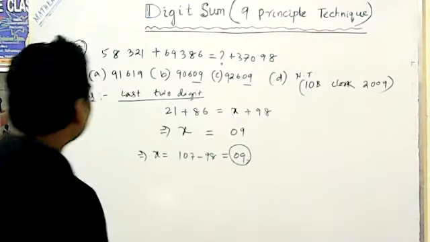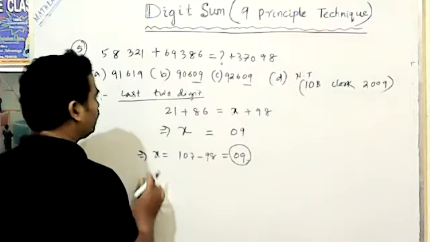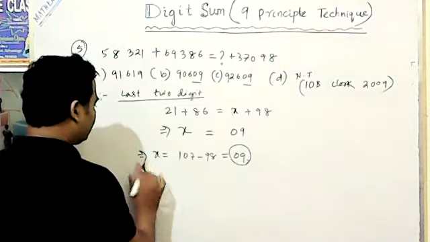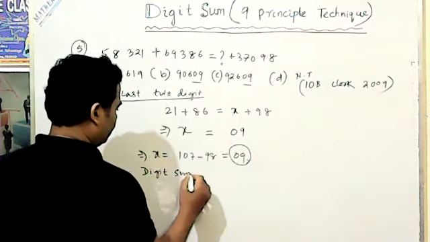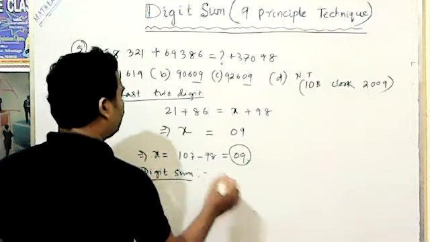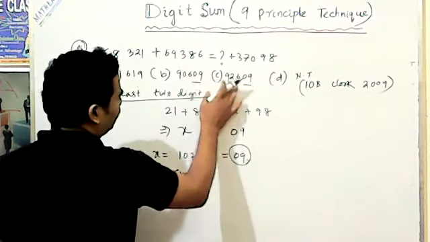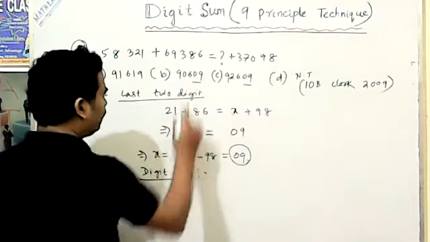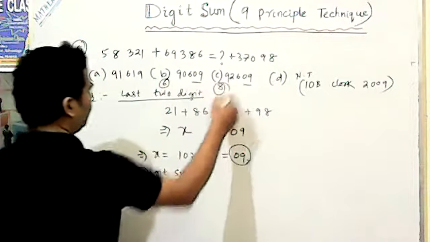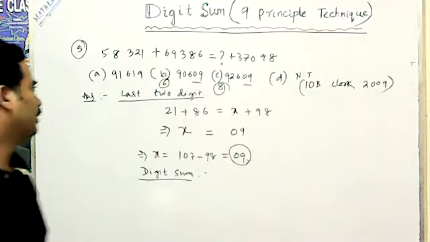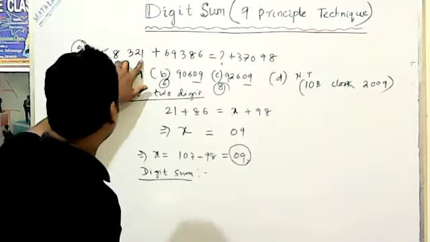By taking the digit sum concept, or nine principle concept, what is the value? The digit sums are 9 and 6, this one is 8, this is 6, and this is 8.